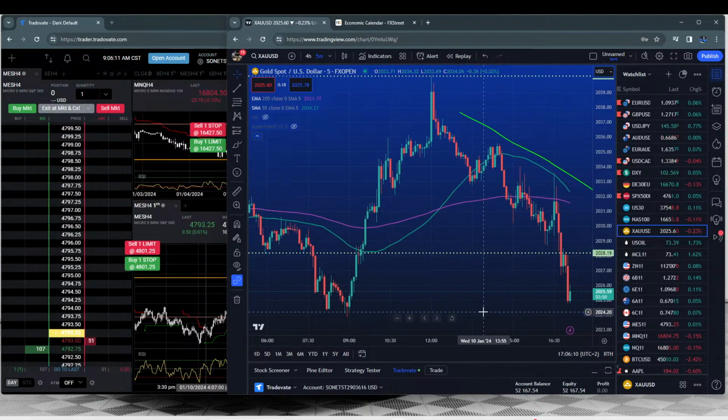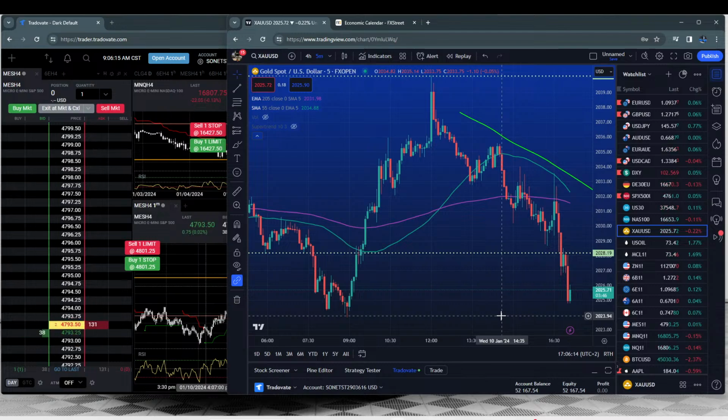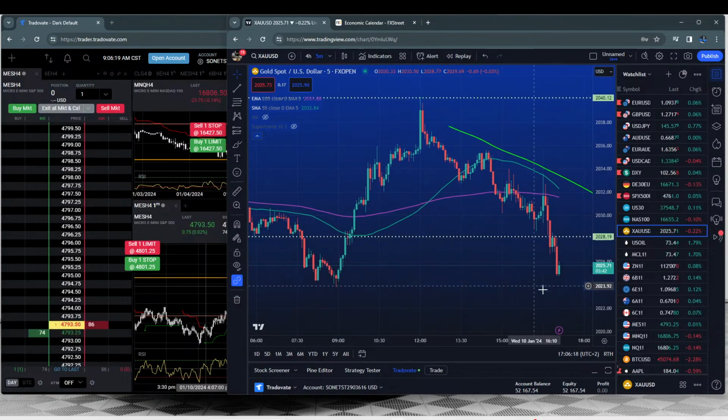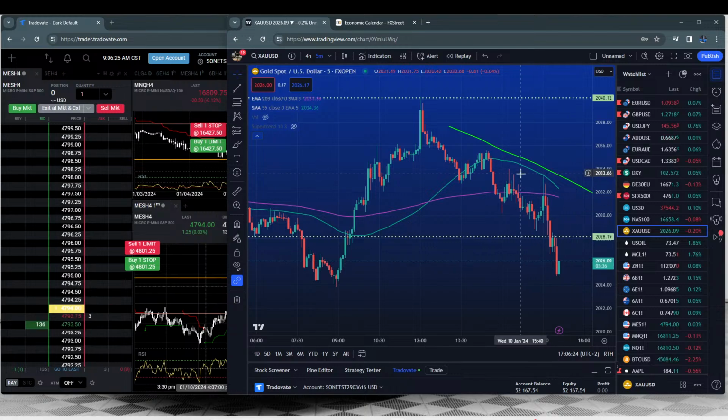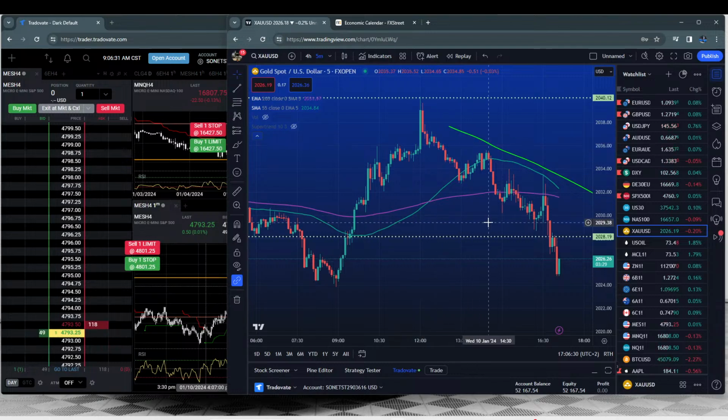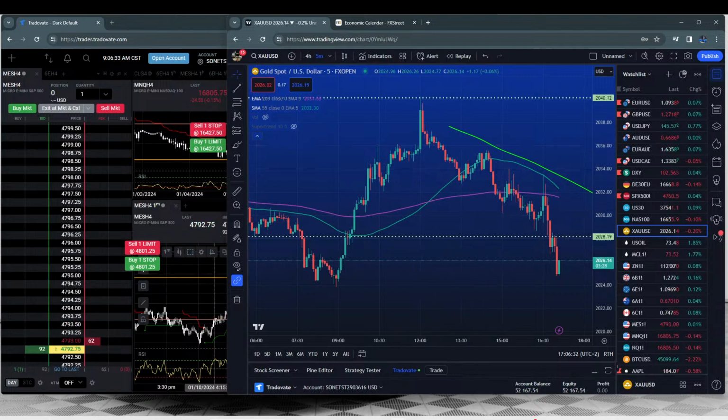Gold is pushing lower. Below 23 we'll see a big break lower. This was the call of the day in the Telegram. It was somewhere around here, 37, 38. Anyway, let me check again.